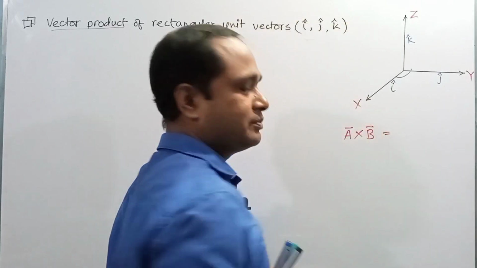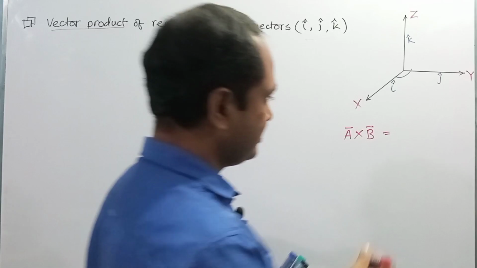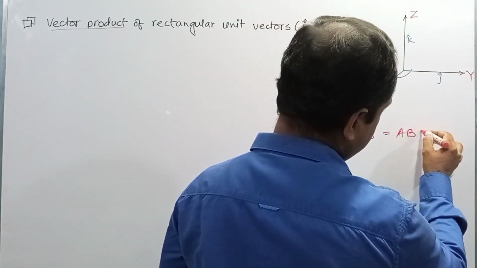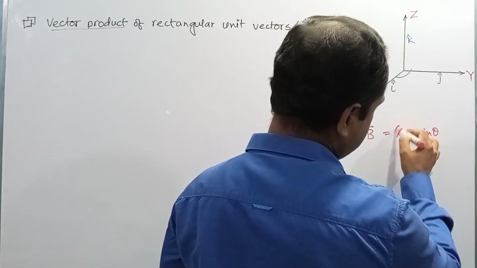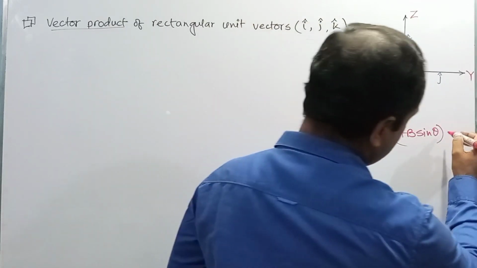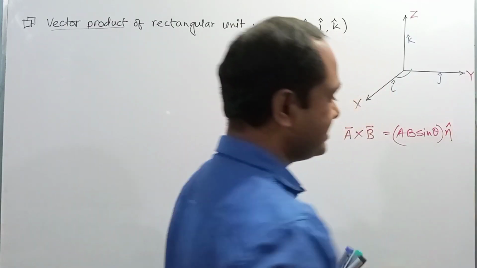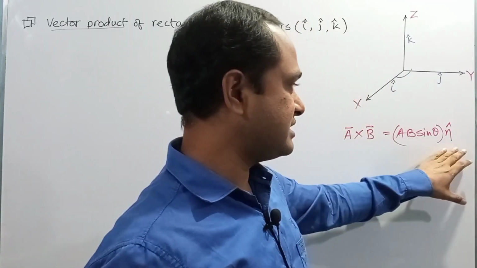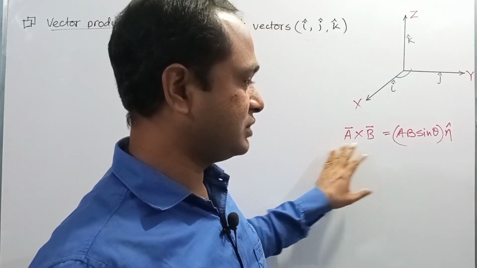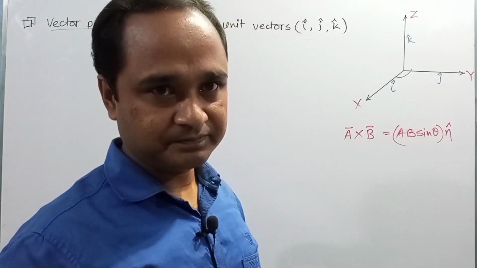The magnitude of this vector, that is the magnitude of A cross B, will be AB sin theta, and the direction of A cross B will be perpendicular to both A and B, right? Here eta is a unit vector whose direction is perpendicular to both A and B, which will be determined using the right-handed screw rule.